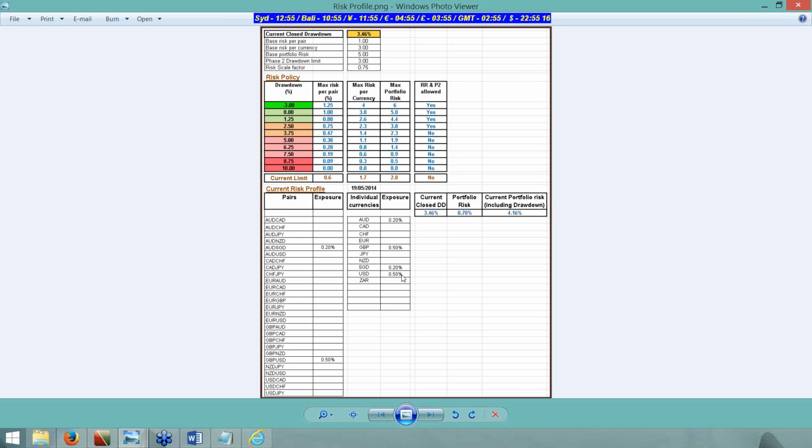I think that should be reflected in your exposure, so that you're not breaking your max currency risk, if that makes sense. Otherwise, this is great, and I think people should be doing something similar in terms of having a clear understanding of what their risk is, because that's 90% of trading: managing your risk.